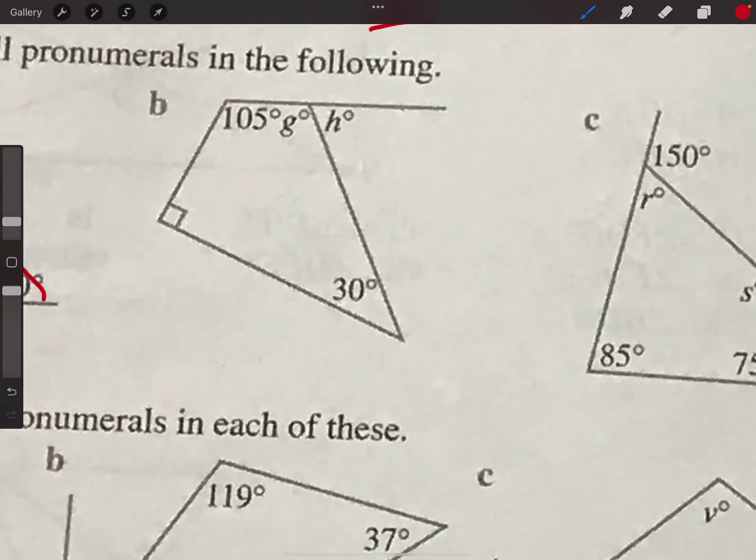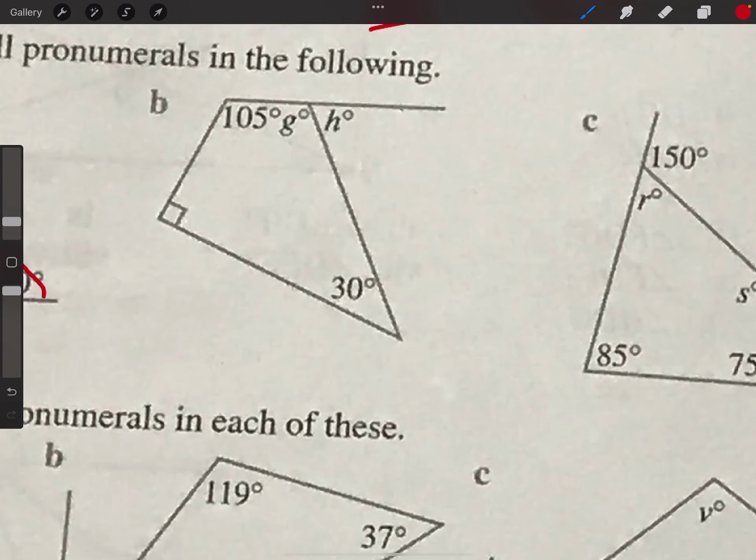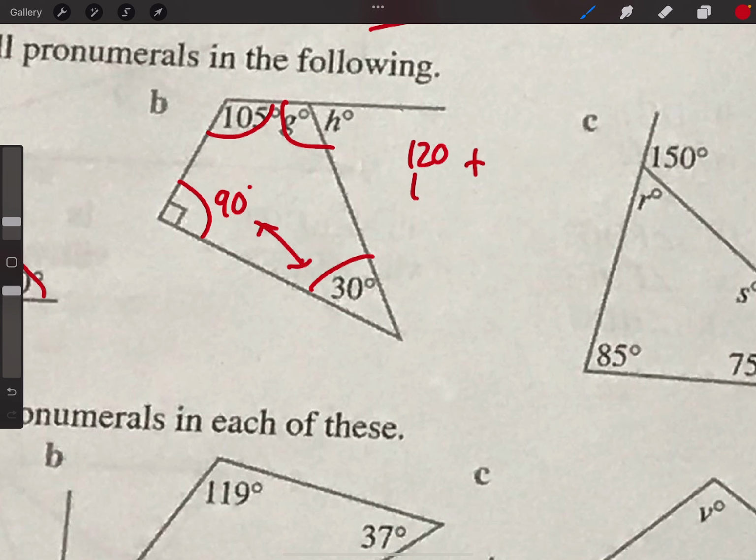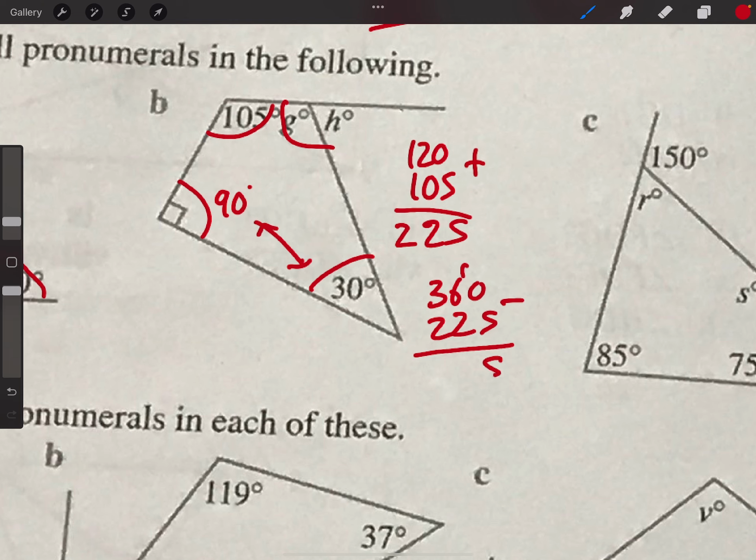Alright. Question B. Now we've got 130 degrees and 90 degrees. You can work out angle G. So 90 plus 30 is 120. These two become 120. 120 plus 105 becomes 225. 360 minus 225, you're going to get 135.